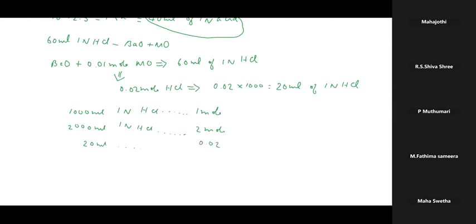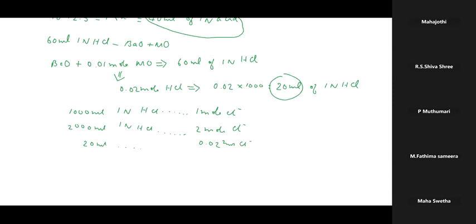Why has this 20 ml come? 1000 ml of 1 normal hydrochloric acid contains 1 mole of Cl minus ions. So 2000 ml contains 2 mole of Cl minus ion. So 20 ml of 1 normal hydrochloric acid will contain 0.02 mole of Cl minus ion, which is here.